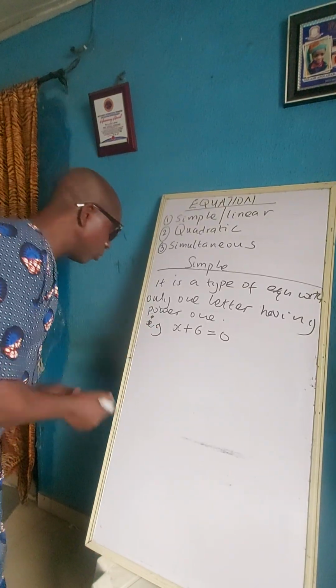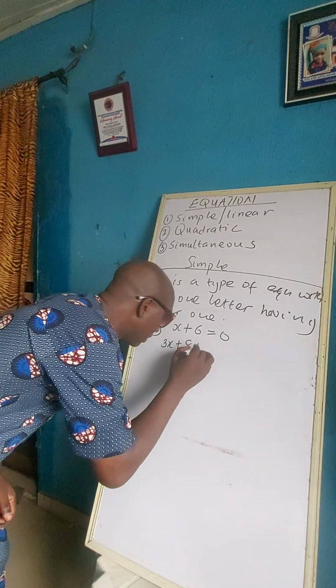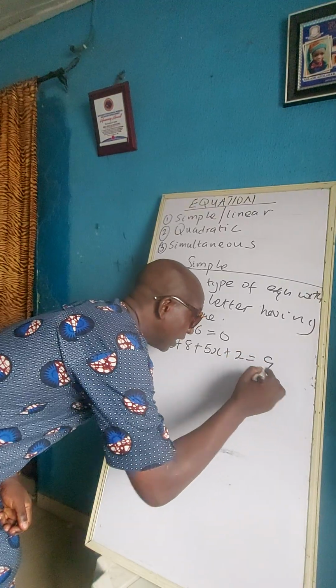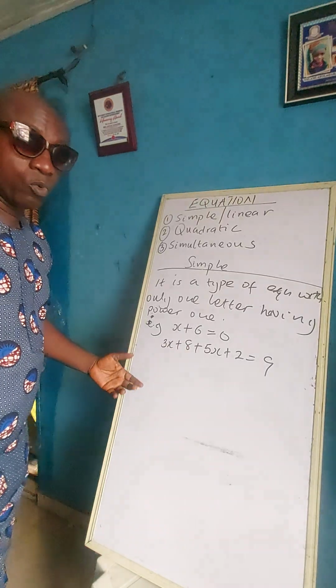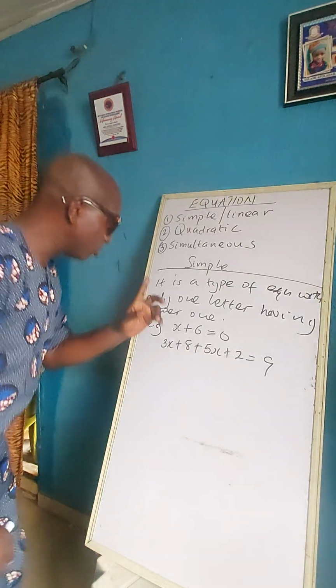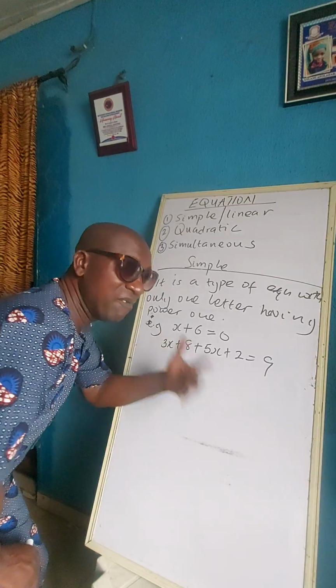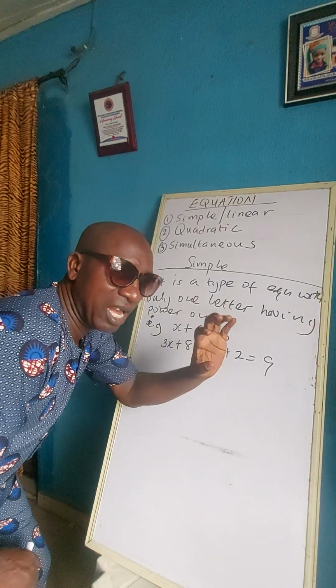It is a linear equation. 2, 3x plus 8 plus 5x plus 2 equal to 9. This is also a simple equation. Why? It has only one letter, and the only letter here is x. It can have repetition of the same letter, but not a different letter.